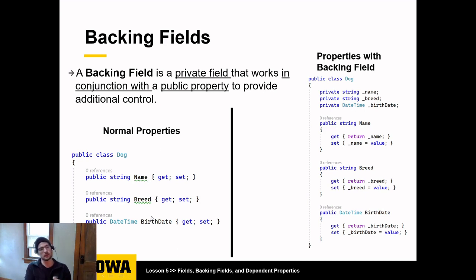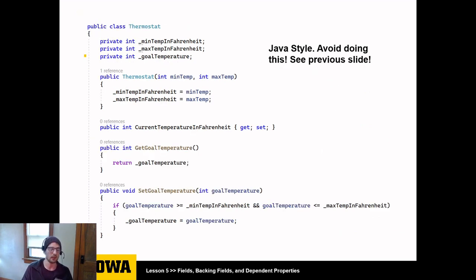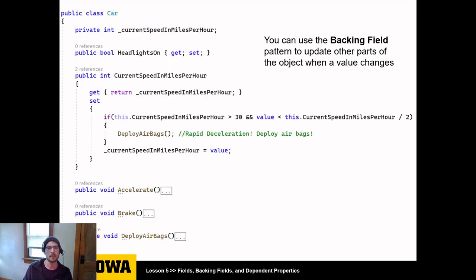If you want that, then just write this. And if you need this additional code, in the case of thermostats, then you can add that in. Don't write in this style though. Write in this style. Okay.